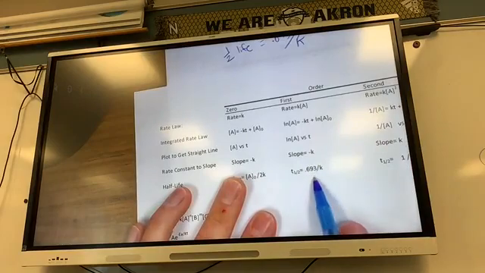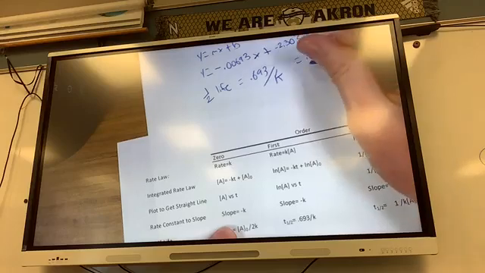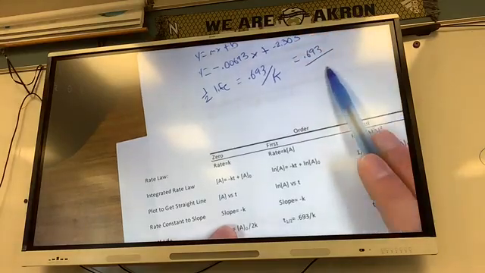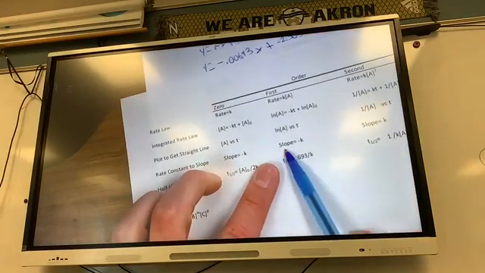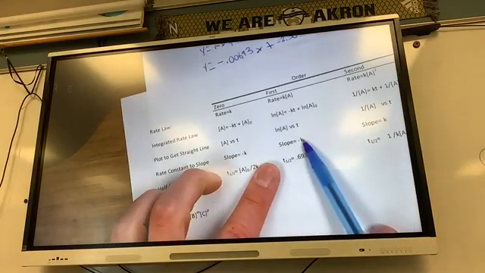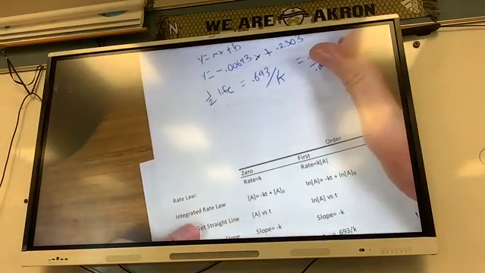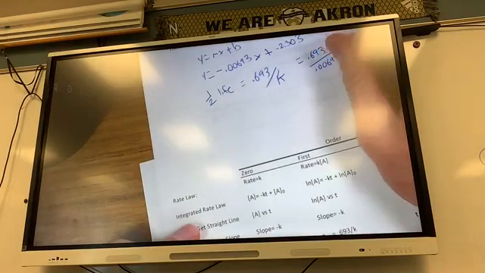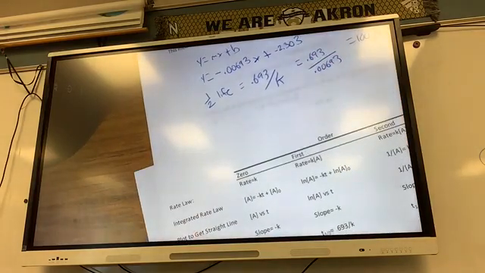So this would be equal to 0.693 divided by what? Not negative, because on here, first order, slope is the negative. So it'd actually be divided by positive 0.00693. And that gives you 100 seconds. So the half-life of this equation is 100 seconds.